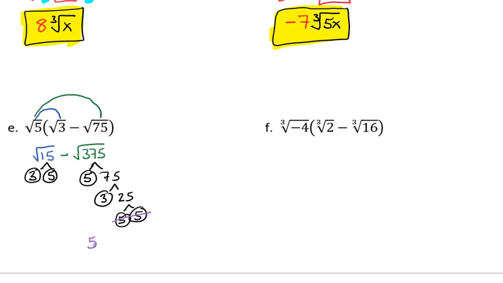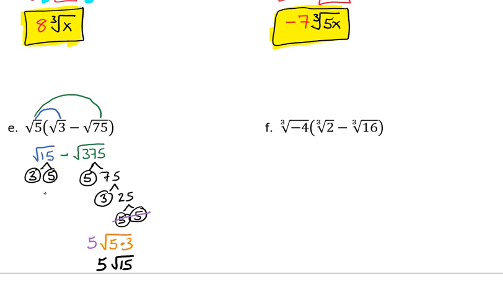So we'll bring out a 5. And then the other factors are by themselves. And so that's going to leave us with the square root of 15, because those will get multiplied. So we can show that to make it a little easier to understand: we're going to have a 5 times the 3 still inside. So that gives us a 5 radical 15.